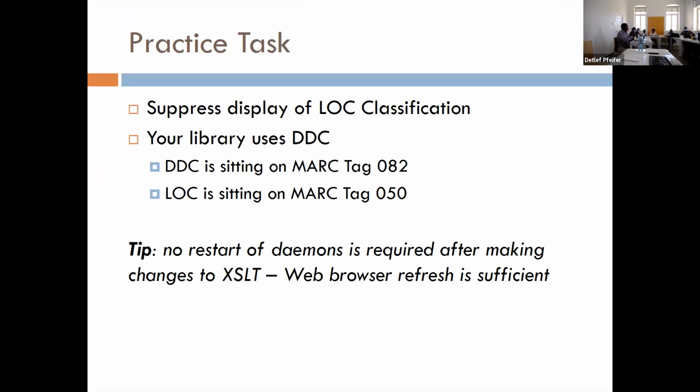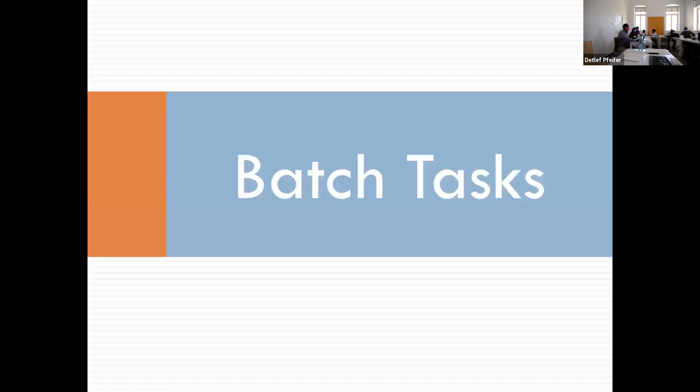They may be recorded for both DDC and another library classification, but you want to switch off the other. You don't want both to display. So that's where you can control variables. You just check where the call number is sitting, then get rid of it from the file. It's just a matter of editing the lines that display that particular field.